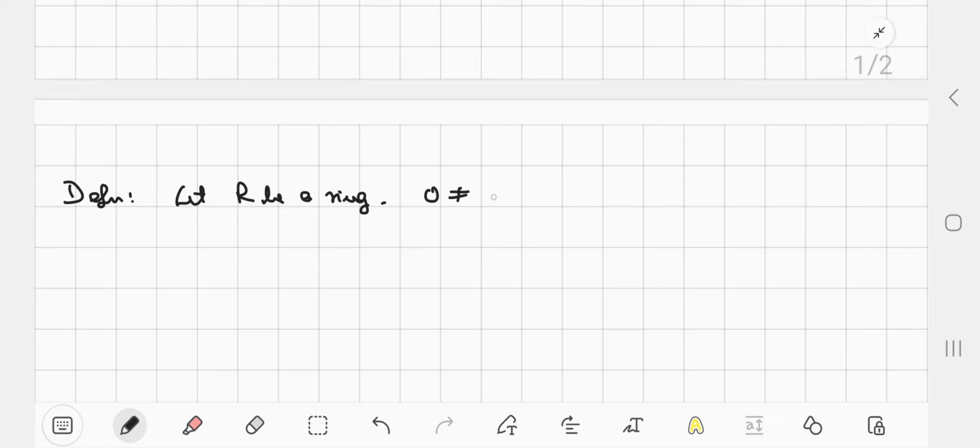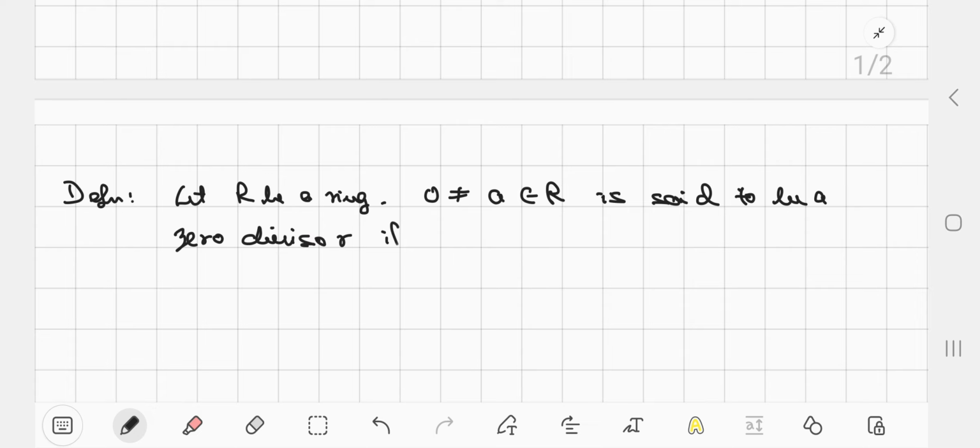A non-zero element a of R is said to be a zero divisor if there exists some element b in R such that ab is equal to 0 or ba is equal to 0. Clear?